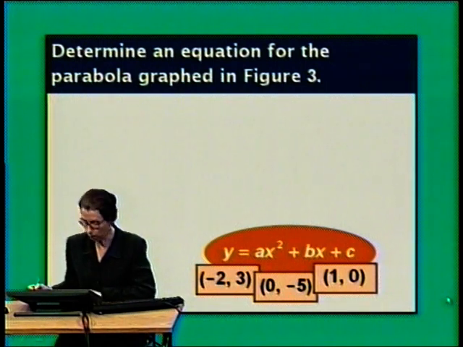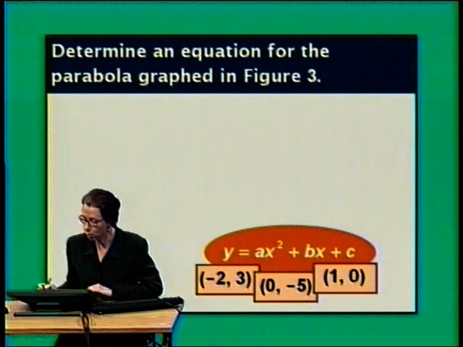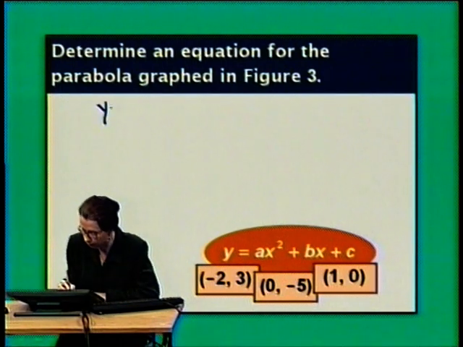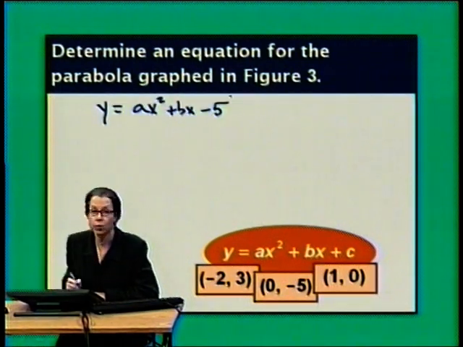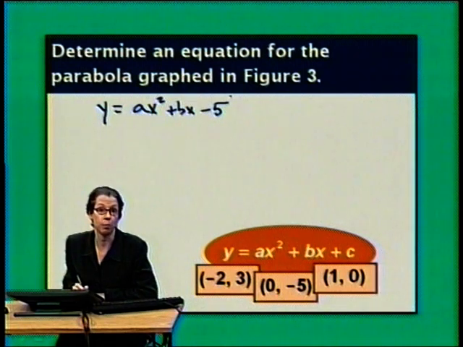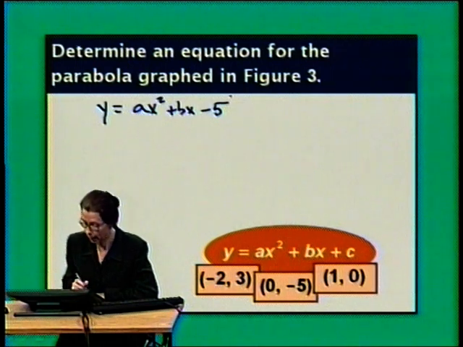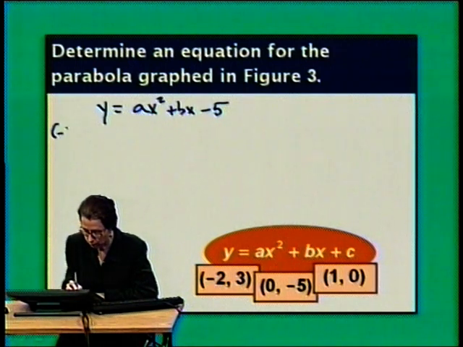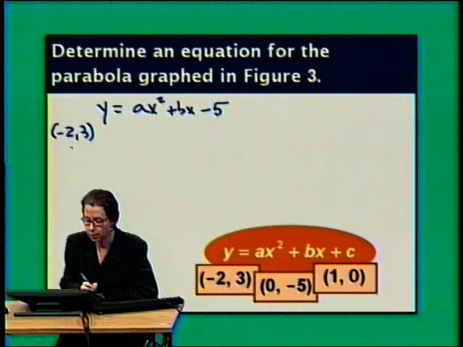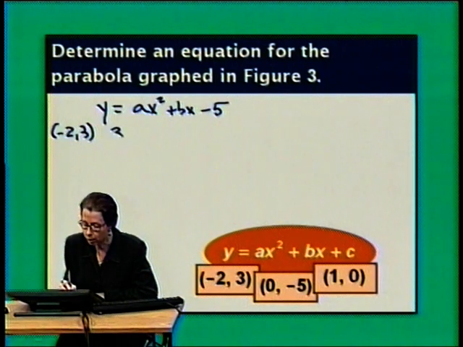So, starting off here, I know that c is negative 5. So I'm just going to put that into my standard form for the quadratic equation. Now, the ordered pair, negative 2, 3, tells me that y equals 3 when x is negative 2.